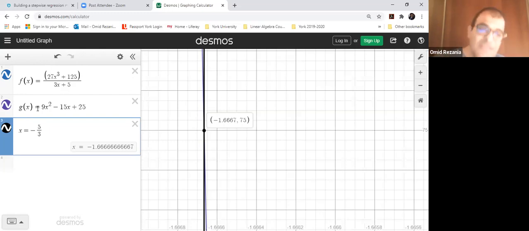And that is the reason that although f of x has a singularity at point minus 5 over 3, that singularity we call removable. It means that you can take this out. You can take that point minus 5 over 3 as a singular point, and the function behaves naturally and normally.